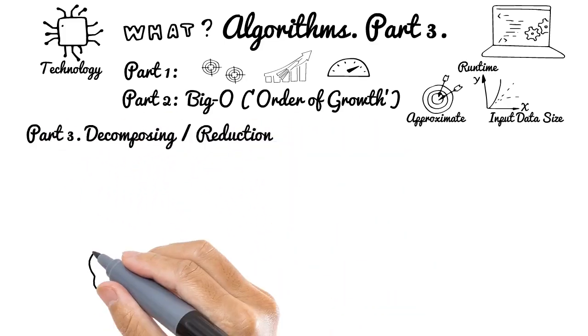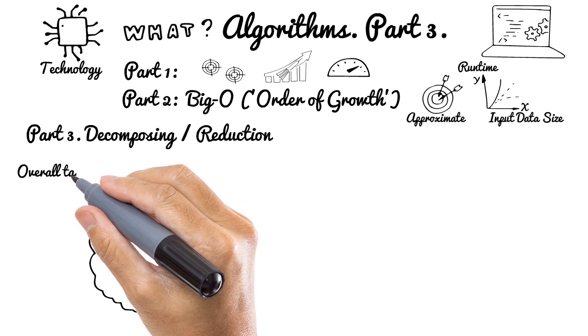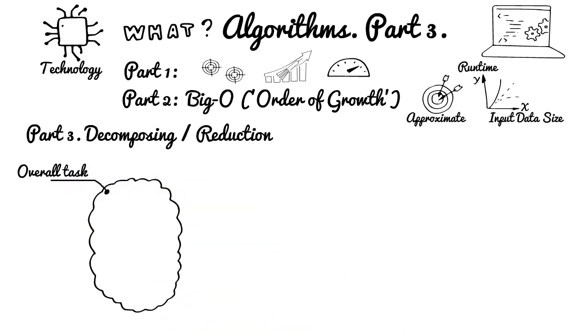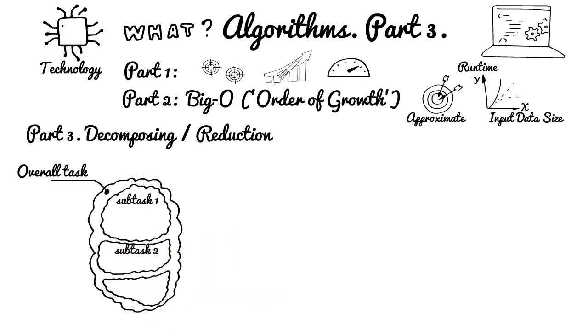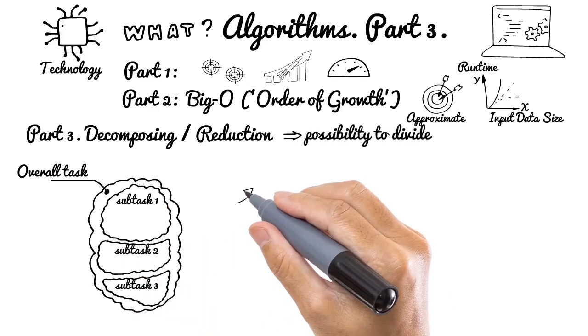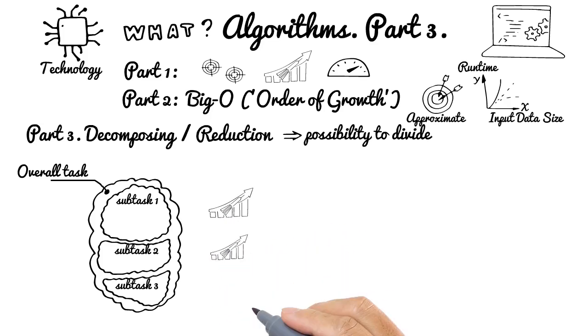I want to talk about an important technique named reduction to use when you design algorithms. I see it as a possibility to split, divide the overall task into subtasks whenever possible. Once it's done, you can try to find the best algorithms to solve each subtask. The best, for example, in terms of Big O notation, how efficiently fast each subtask can be executed.